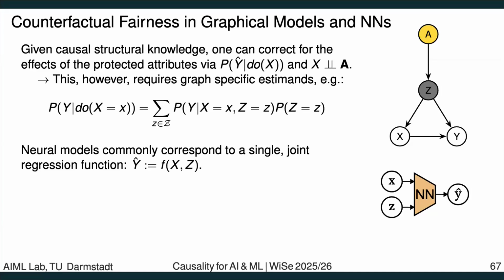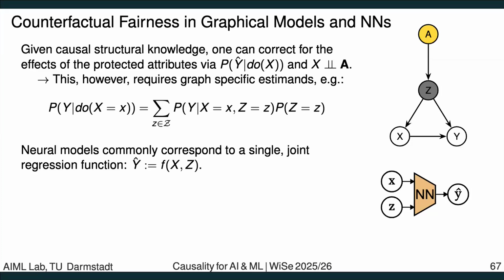Because this neural network just learns some functions of X and Z, and there doesn't necessarily need to be a one-to-one correspondence between our causal variable and the adjustment set that we have identified in our causal model.